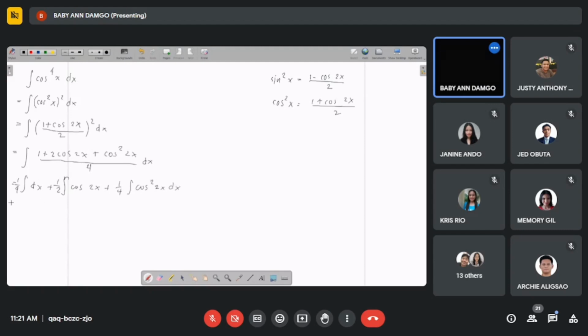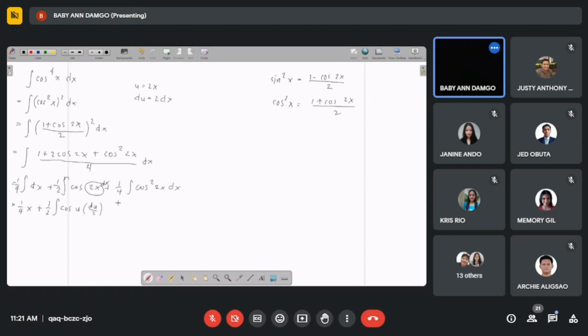Okay? So the integration of dx is x, plus 1/2. Here, we let u equal 2x, and then du is 2 dx. Okay, so we have cosine u, and our dx here is du over 2.